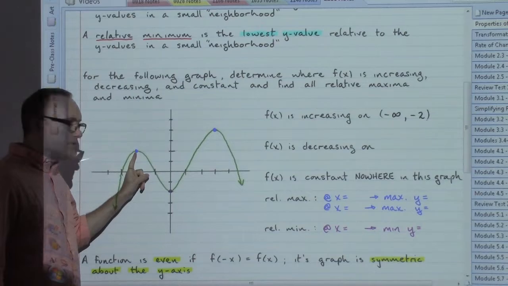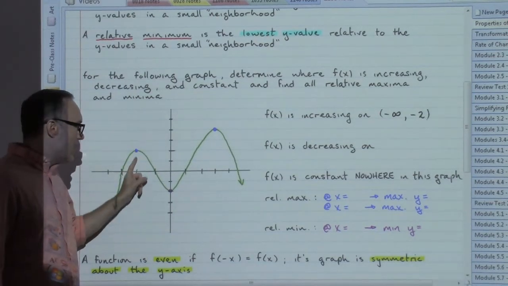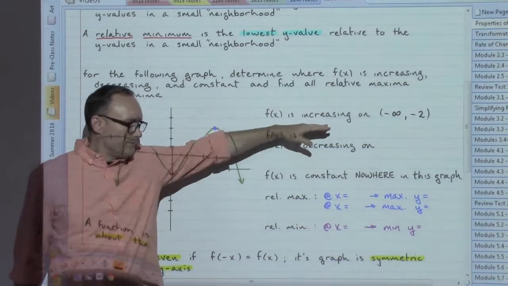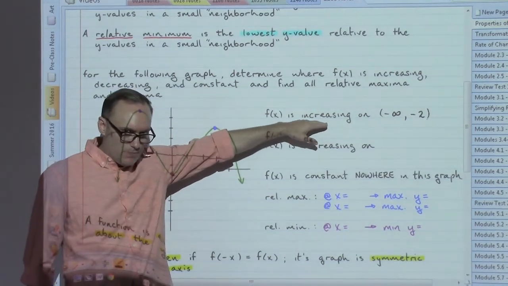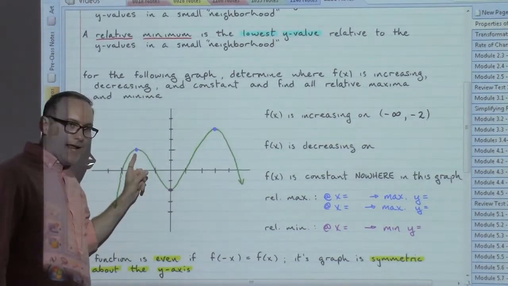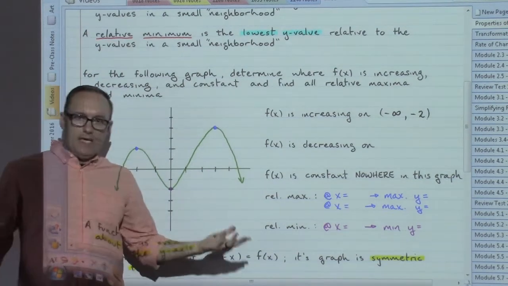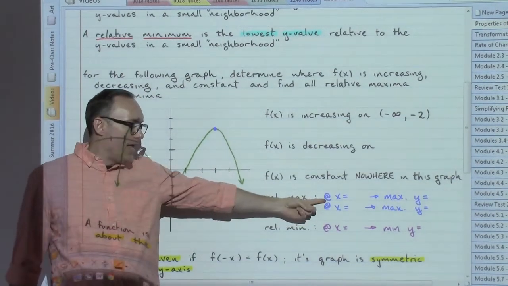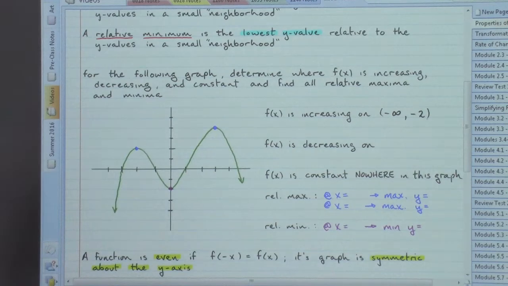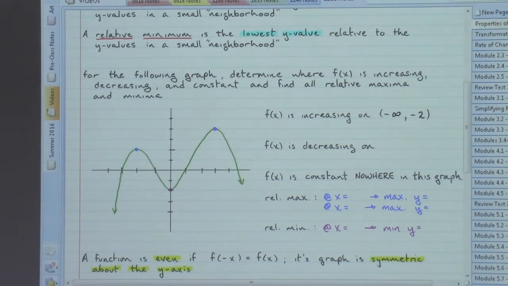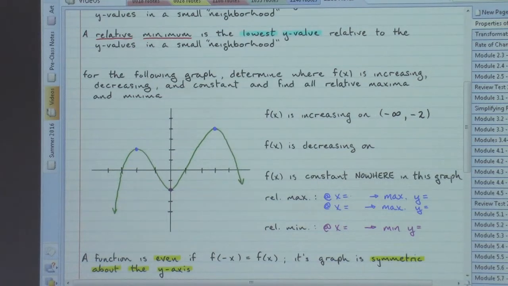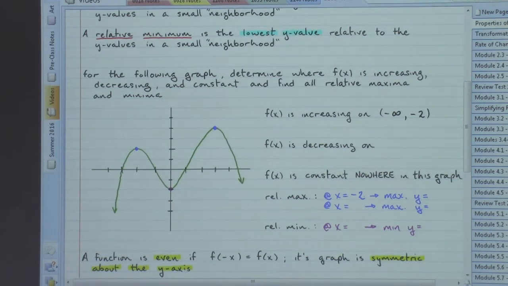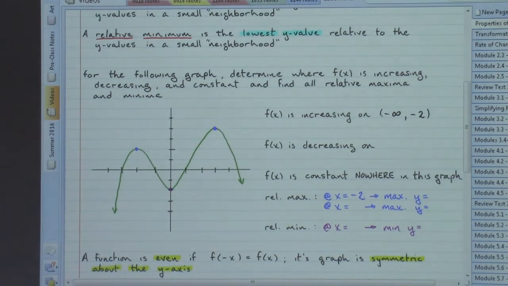We go all the way up to, but we don't get to land on that x equals -2, because there's something very special happening at that x value. Speaking of, at that x value of -2, we would have a relative maximum. So we can go ahead and say at x equals -2, we have that maximum.